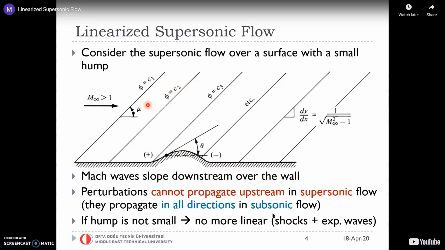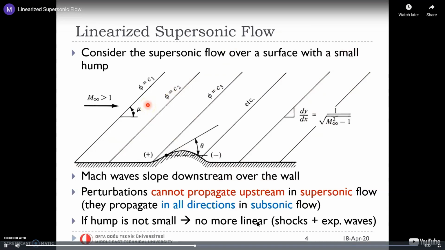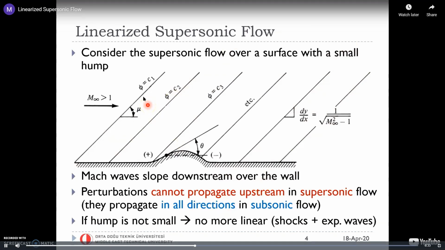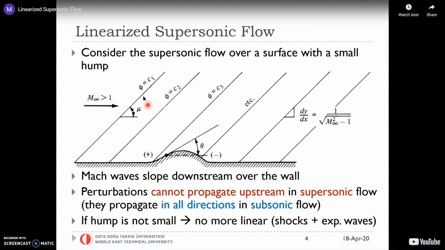In a supersonic flow, first of all, we have what we call characteristic lines. These characteristic lines are the lines that you're seeing here, and they correspond mathematically to phi hat equals constant lines, as discussed in the previous slide. So what does that mean? There are no shock waves, nothing. These are what we defined previously as Mach waves.